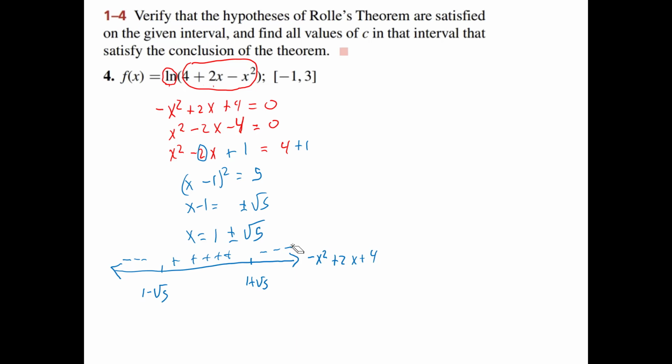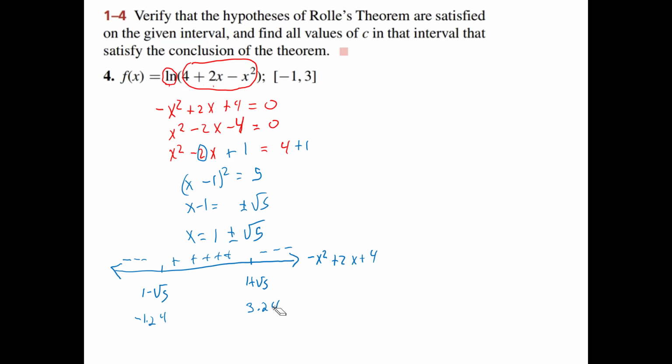1 minus the square root of 5 is negative 1.23. Negative 1.24. Doesn't matter. And then 1 plus the square root of 5 is 3.24.